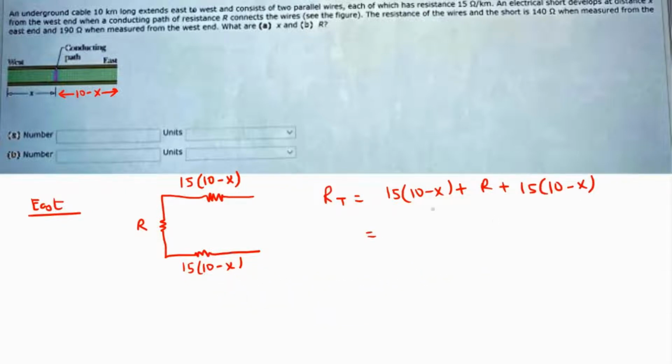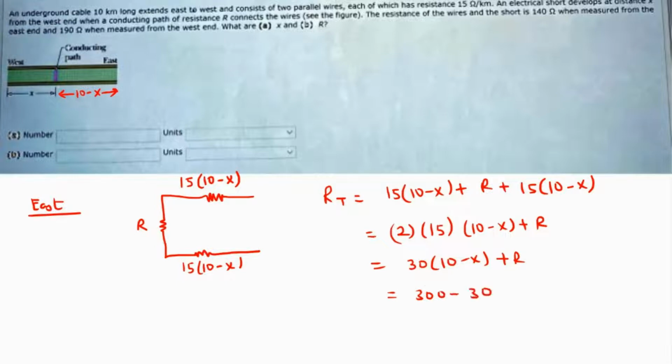These are two identical terms, so basically I can write 30 times 10 minus x plus R, twice of 15 being 30. That is nothing but 300 minus 30x plus R, and this is nothing but 140, as given in the question.